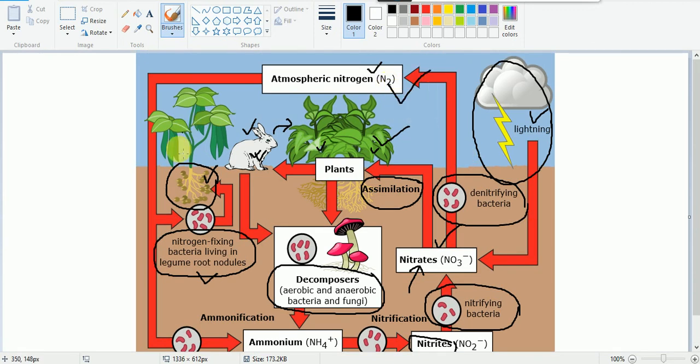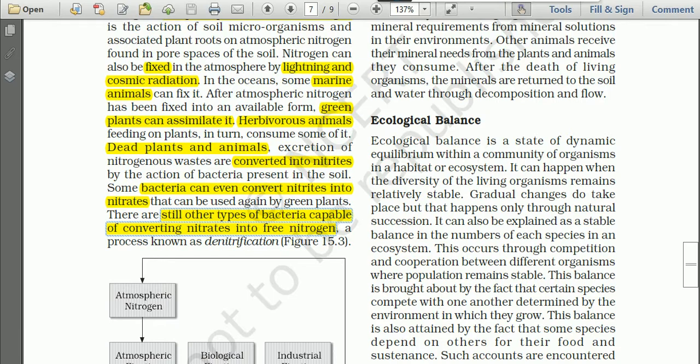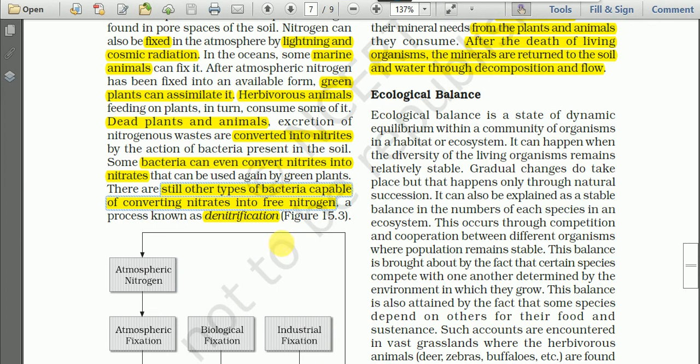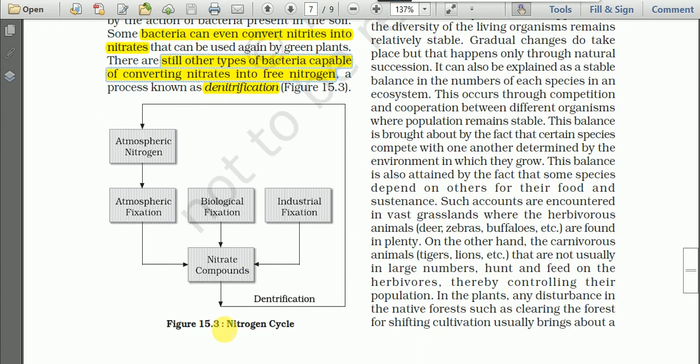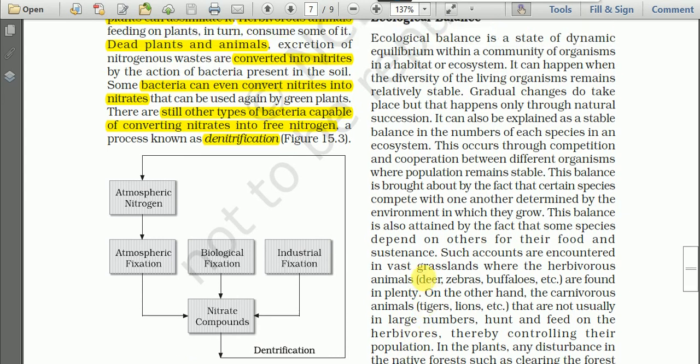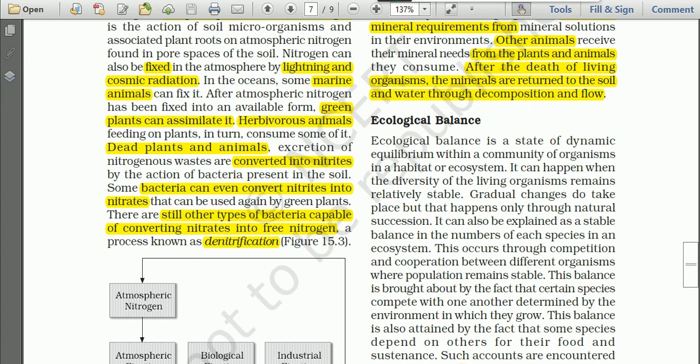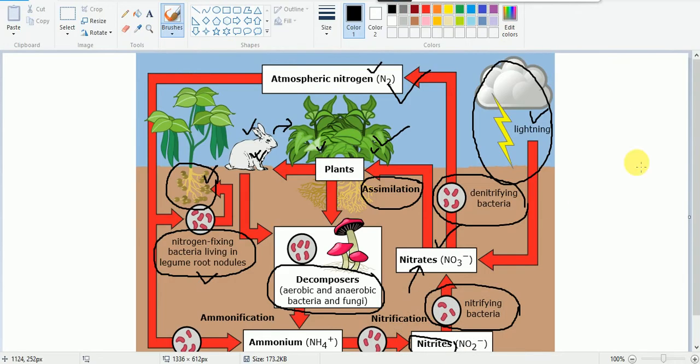So in this way it completes a cycle, and this is what we call the nitrogen cycle. The process of converting nitrates into free nitrogen is known as denitrification, as given here. So this is a very simple diagram showing the nitrogen cycle, and this one is a detailed one.